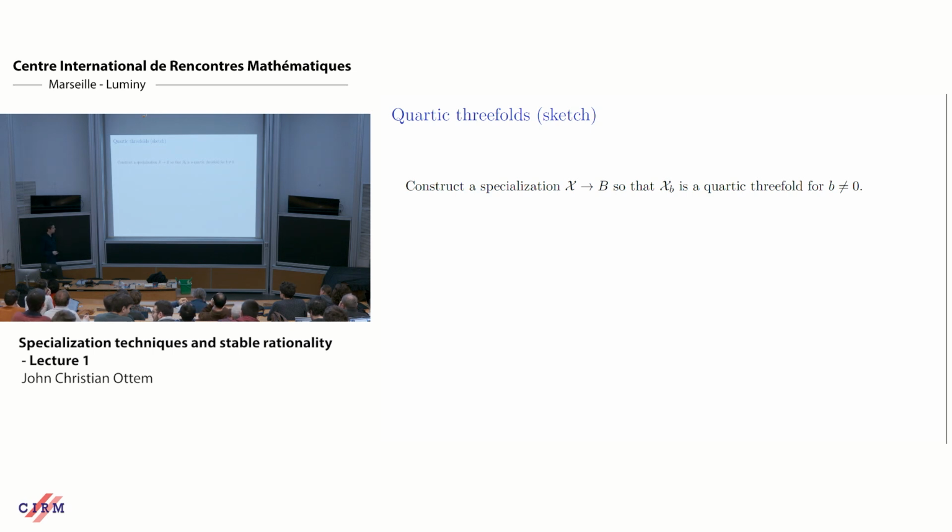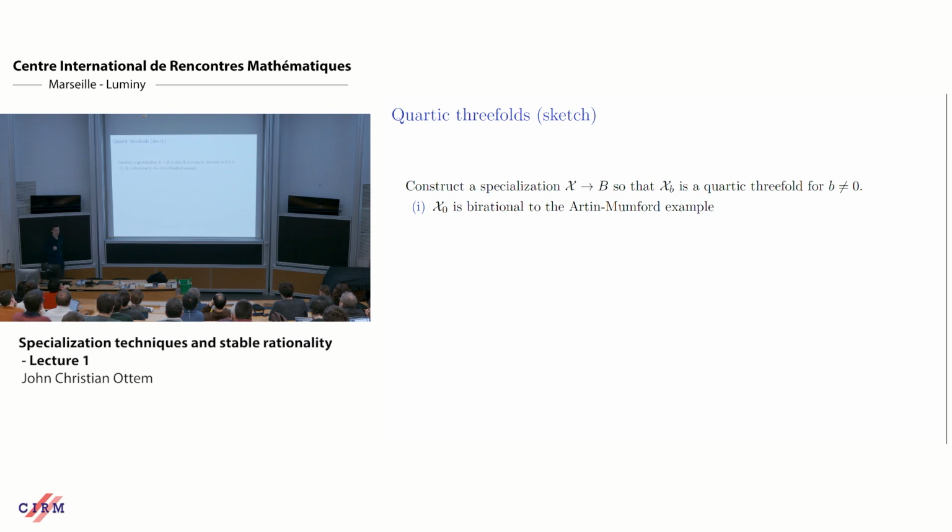Okay, so the argument will involve quartic threefolds. So we have quartic polynomials in P4. And it's possible to write down a degeneration so that this is birational to the Artin-Mumford example.